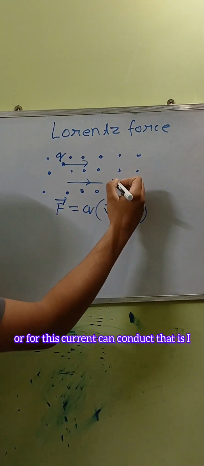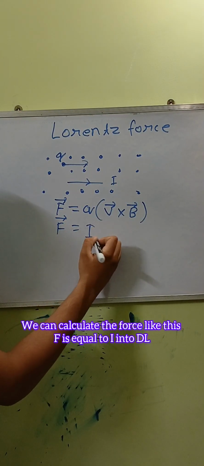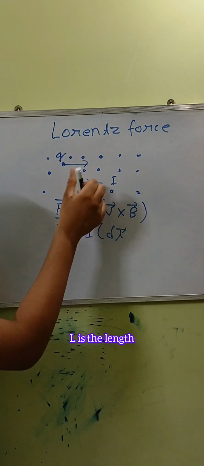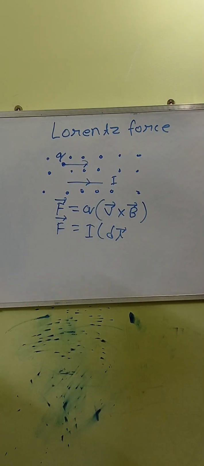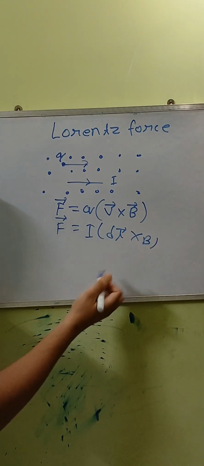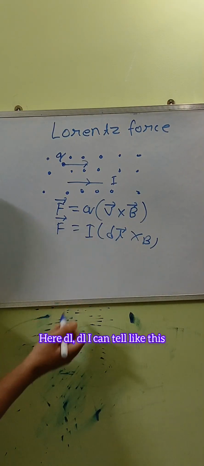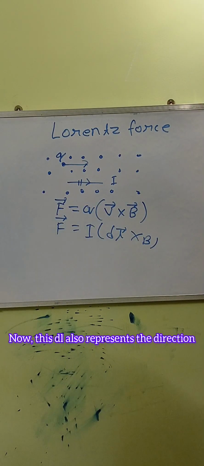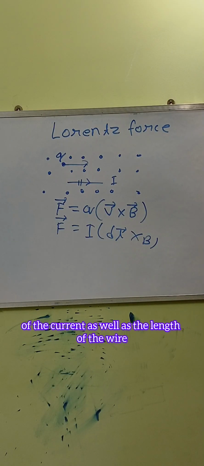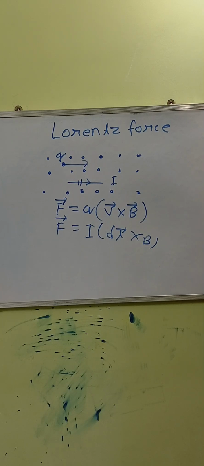Or for a current carrying conductor, you can calculate the force like this: F is equal to I into dl cross B. Here dl is the length of the segment that is falling within this magnetic field, a unit length, and dl also represents the direction of the current as well as the length of the current carrying conductor or wire which is falling within this magnetic field. So this is the formula.